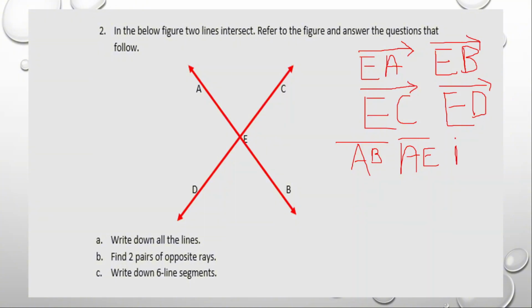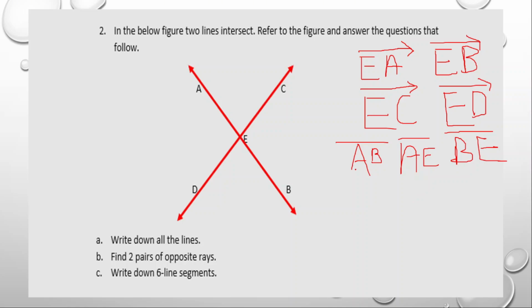Just remember, you can write it in any order. I just try to write it in alphabetical order all the time. Okay, that's our first 3. So we have AB, AE, and EB.